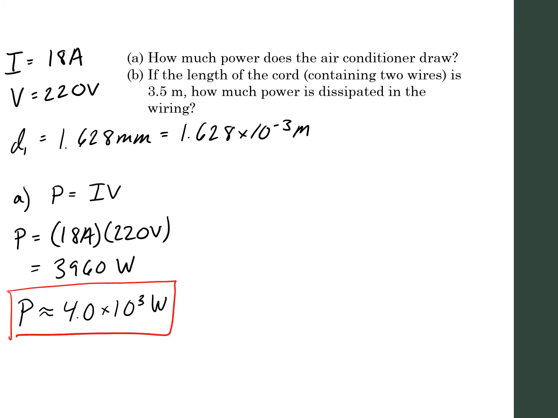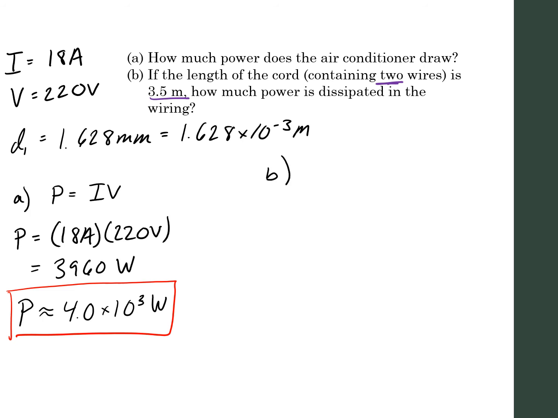So that's part A. Now in part B, I'm given a length of my wire, and I am told it is 2 wires. So I have 2 wires, each being 3.5 meters long.